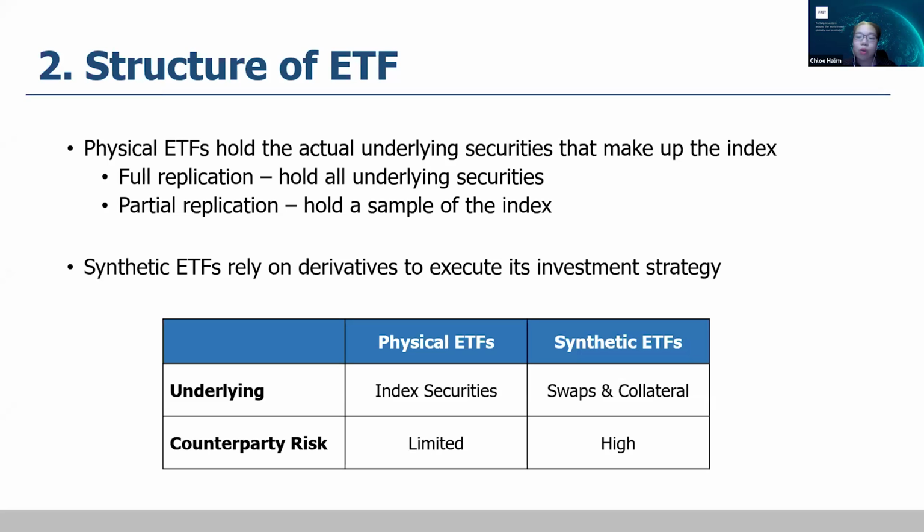So if the ETF holds all the underlying securities in the index, we call this a full replication. Meanwhile, if the ETF only holds a sample of the index, we call this a partial replication. And partial replication is usually used when there are liquidity issues or when there are thousands of holdings in the index.